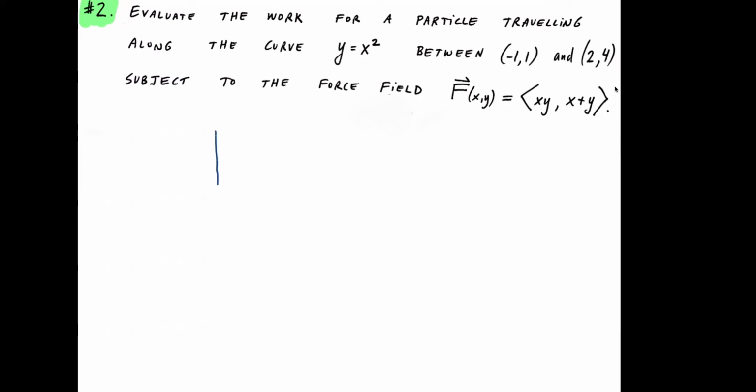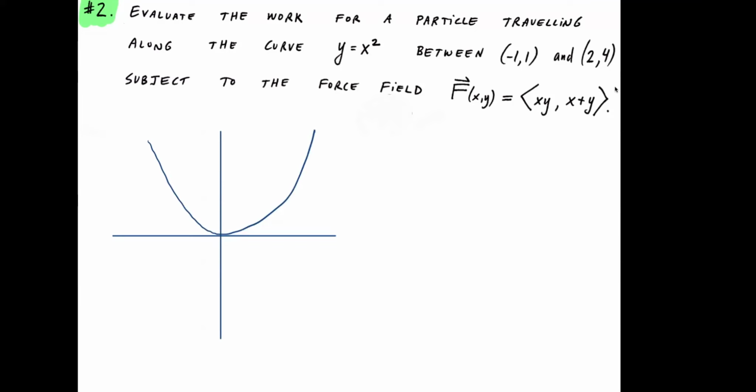Okay, so to set up the integral for work, I think it's useful to make a picture. We have this parabola y equals x squared. Okay, let me try that again. That wasn't a very good parabola.